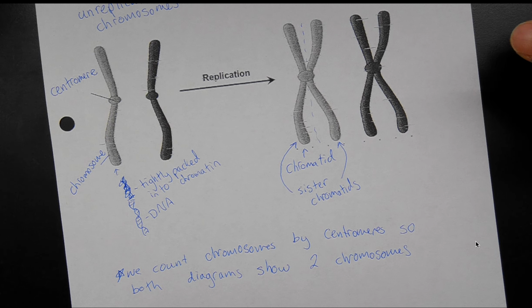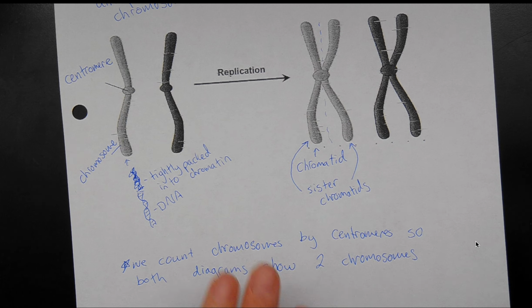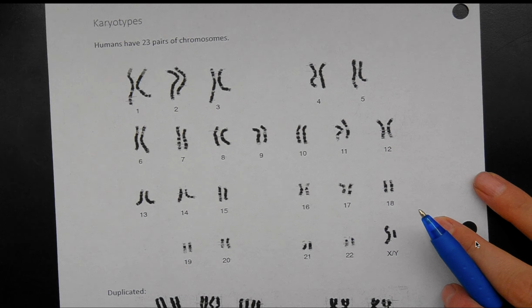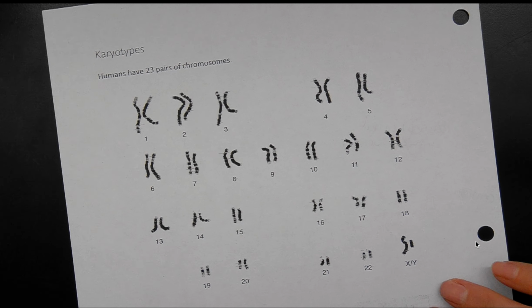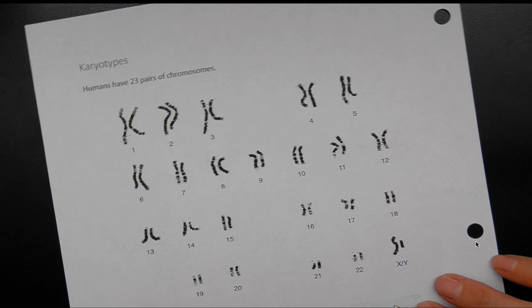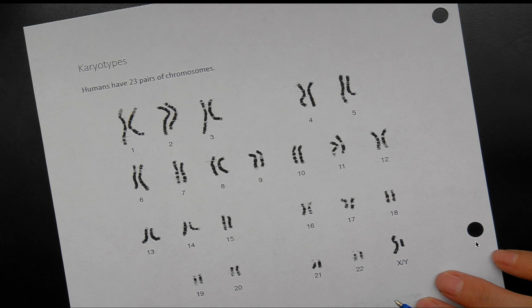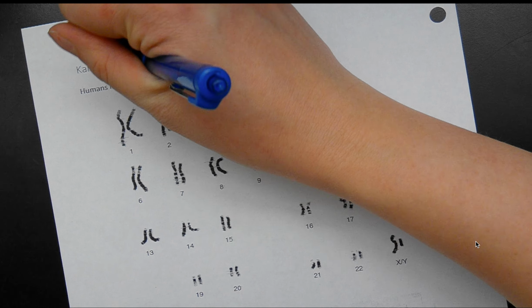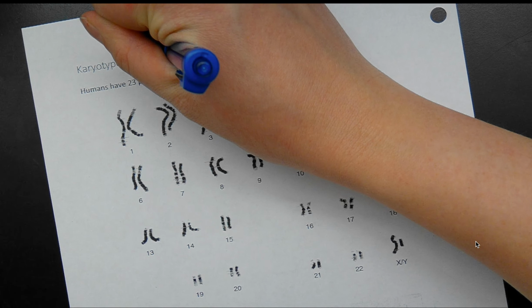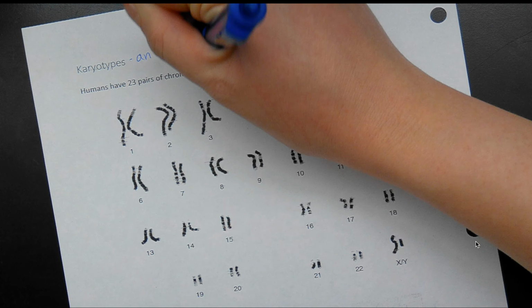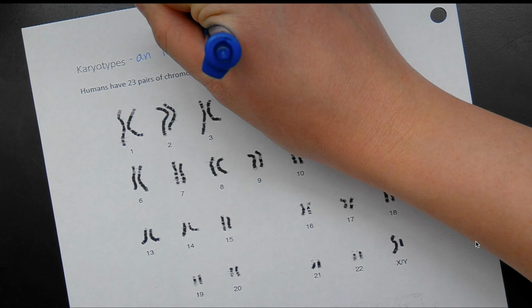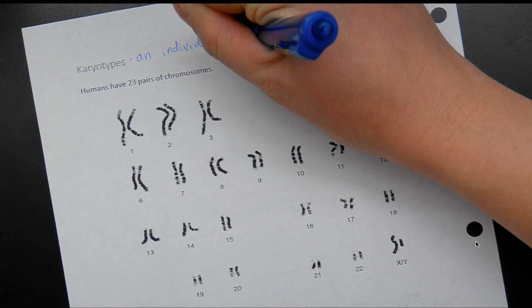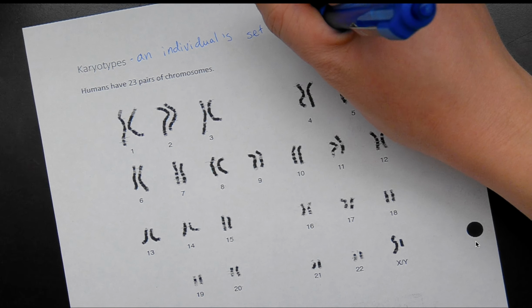Okay. All right, let's flip it over and look at karyotypes. So a karyotype is a fancy word for basically a picture of an individual's set of chromosomes. So an individual's, like one person or one dog, set of chromosomes.